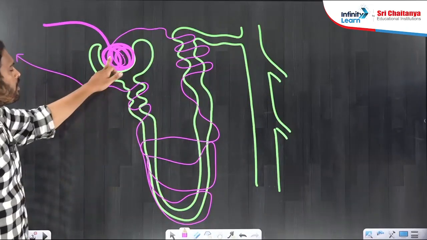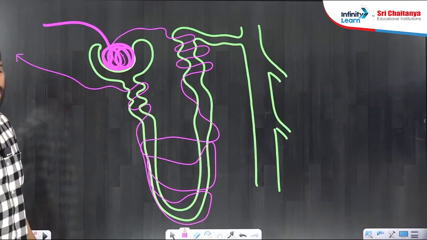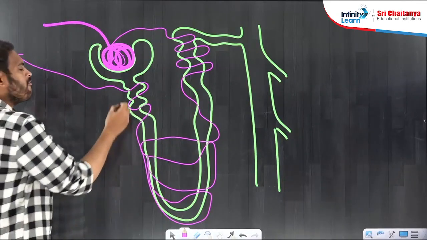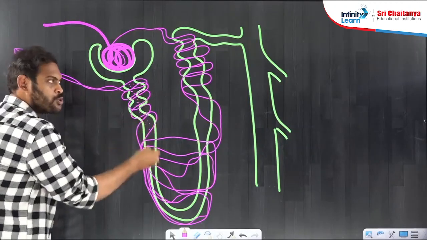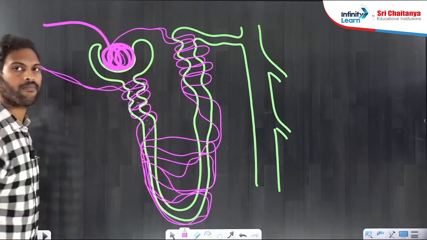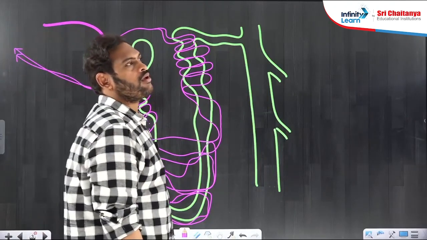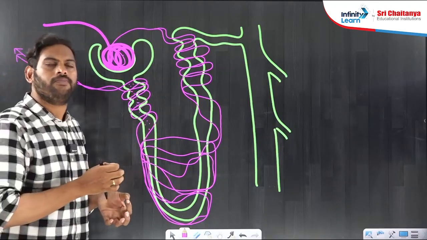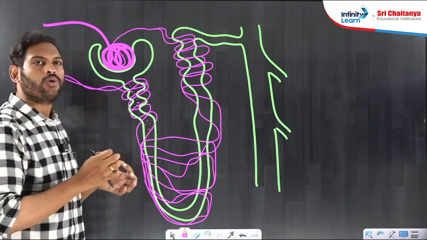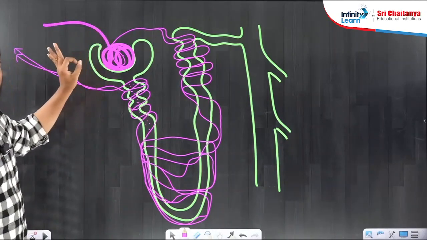So blood coming into glomerulus will be filtered, and thus urine or renal fluid will be passed into these tubules like this. Okay, so we'll see what the basic mechanism is by which blood gets filtered. You have to see this picture clearly.